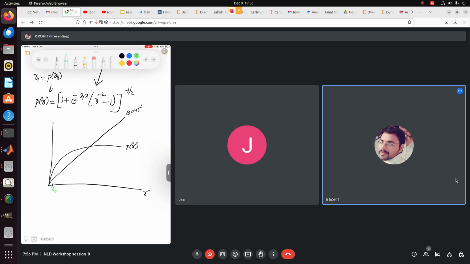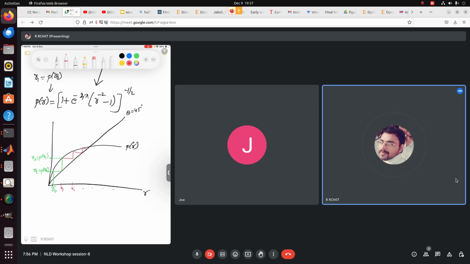Now we proceeded with r0, and the next point of intersection here is r1, which is nothing but P of r0. If you want to see the next point of intersection, just move horizontally to the 45-degree line, then from there move on to the next intersection. This will be your r2, P of r1, and you can similarly move in this form and get all the intersection points: r1, r2, and so on.